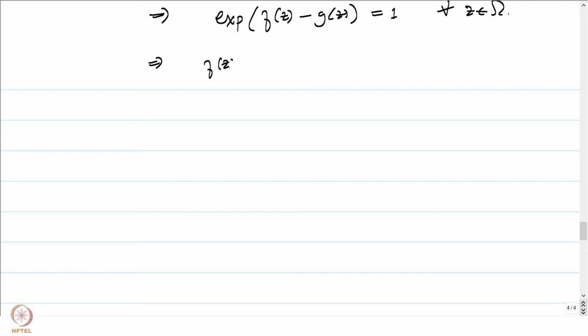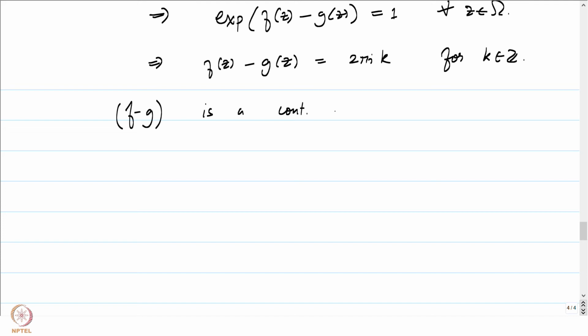f of z minus g of z is some 2 pi i k, for k in integers, not all k. In fact, it cannot be all k. That's where the entire discussion is going. Notice that f minus g is a continuous function on omega, which is an open connected set.